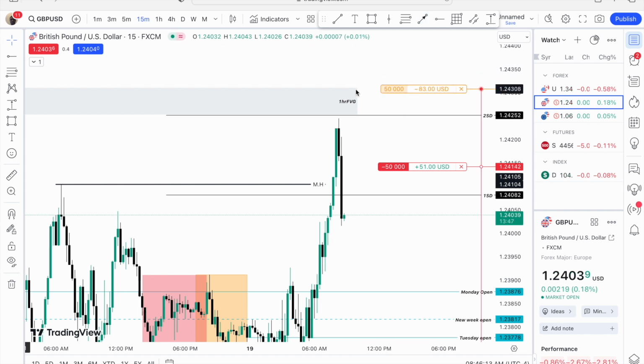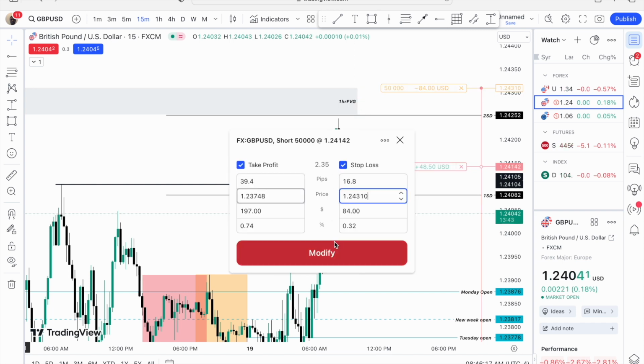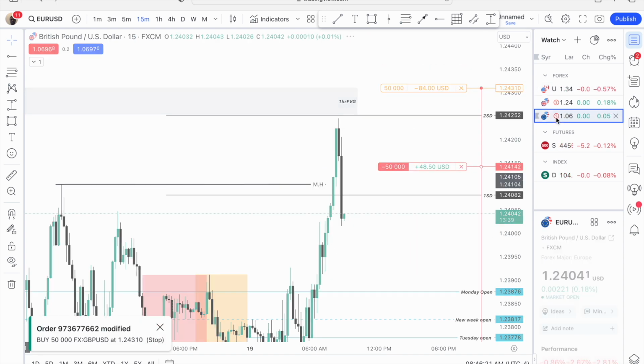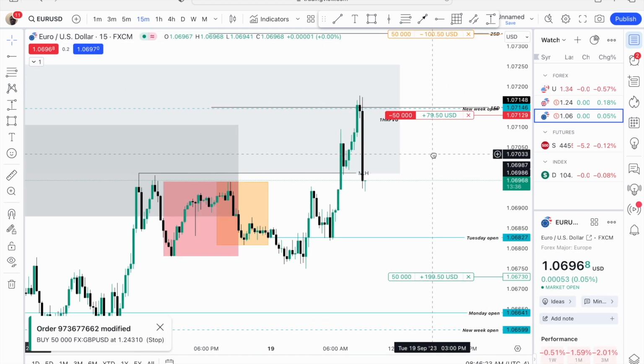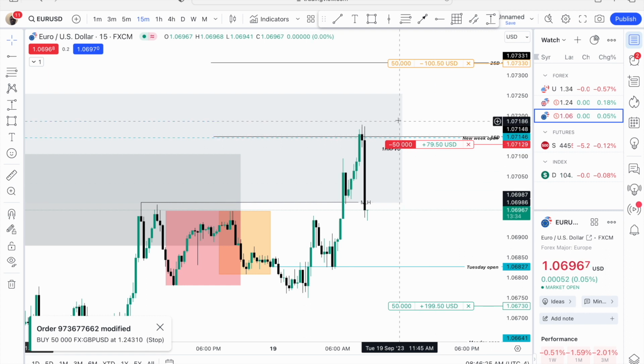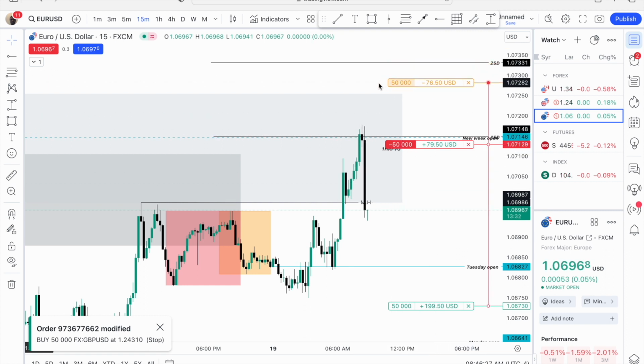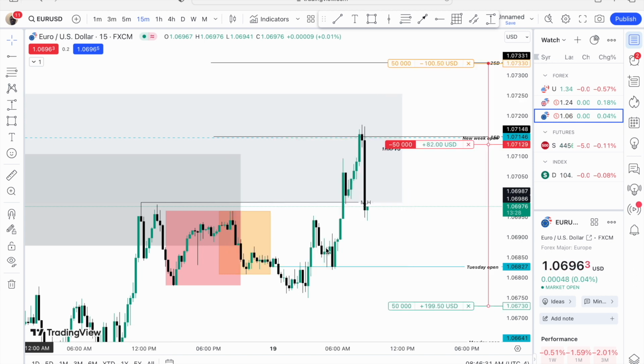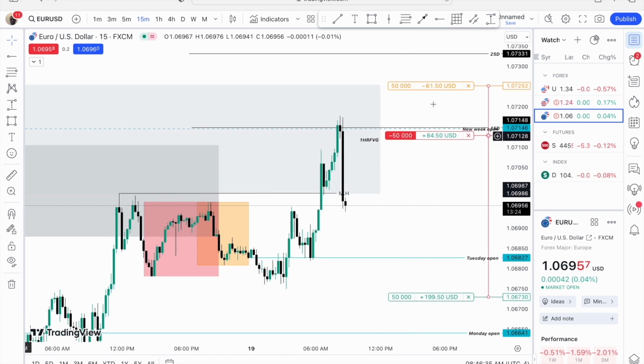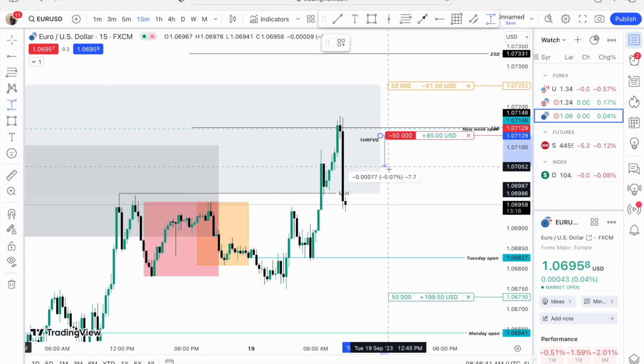Bring it to the top of the fair value gap, and bring this to the top of the fair value gap. So that's what we did. Just move the stop loss a little closer to reduce the risk.